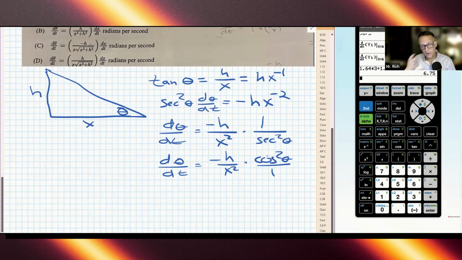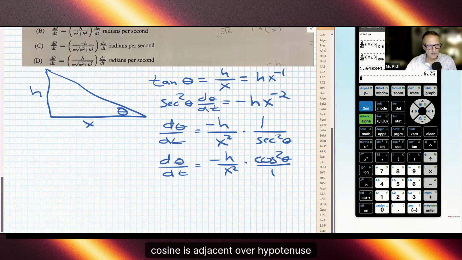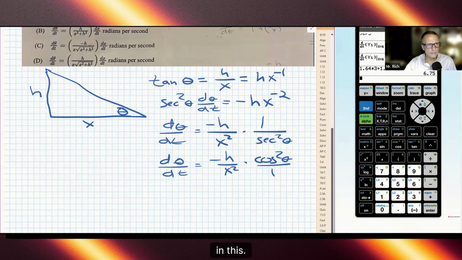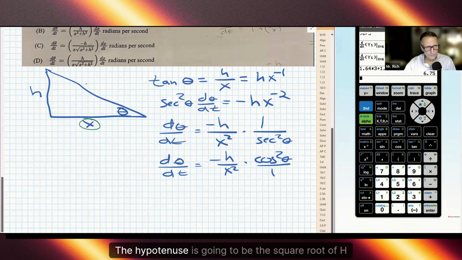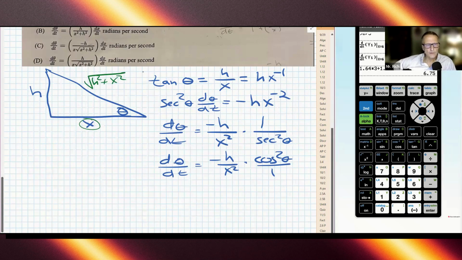Well, cosine is adjacent over hypotenuse. In this picture that I have here, there's my adjacent side. The hypotenuse is going to be the square root of h squared plus x squared by using the Pythagorean theorem.